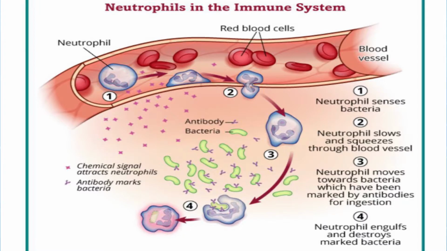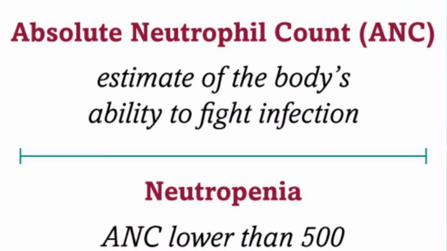Usually neutrophils prevent and fight against infection, especially against bacteria and fungus. Most chemotherapy medicines destroy neutrophils and reduce the production of neutrophils. That condition is called neutropenia. Sometimes it is also called low absolute neutrophil count or low ANC.